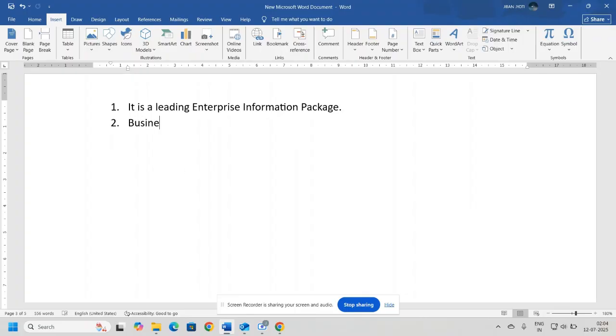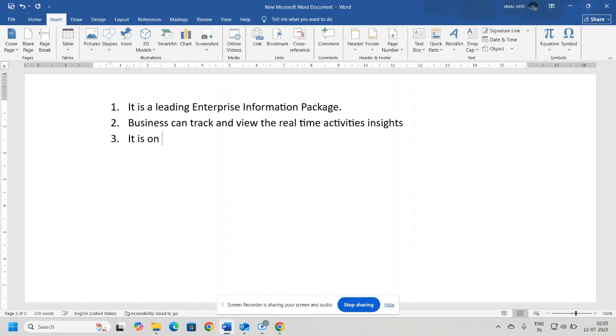The business can track and view the real time activities and insights. Then, as per the information globally, it is the third largest software company in the world.